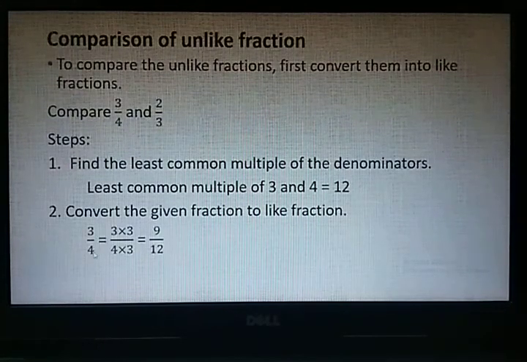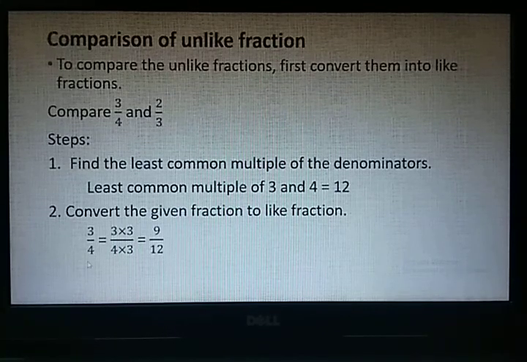3 by 4, multiply 3 by 4 to get 12. If you multiply the denominator by 3, you have to do the same multiplication in the numerator also, otherwise the value of the fraction will change. So it will be 9 by 12.